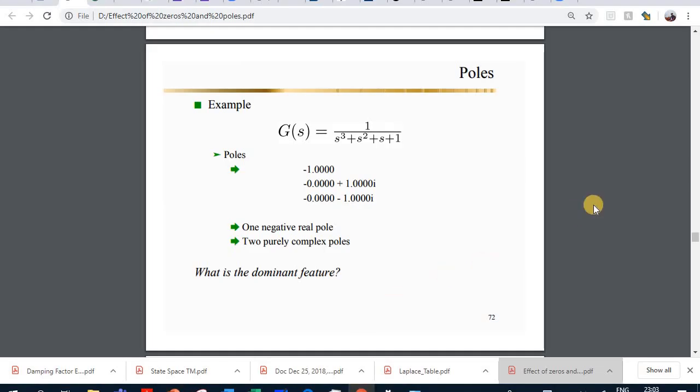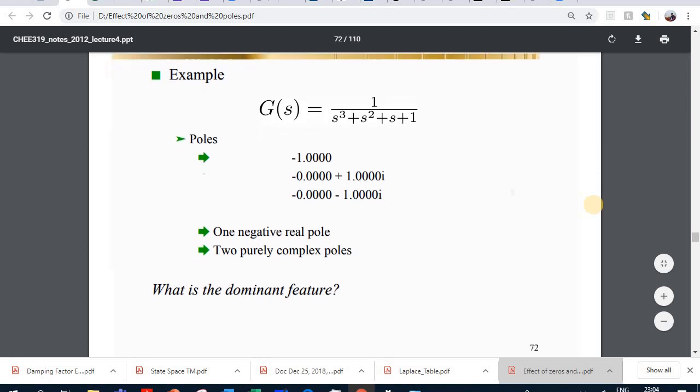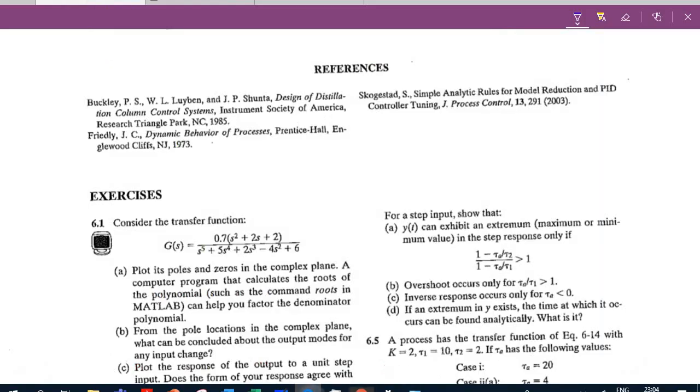So going to the poles, I already mentioned something about the poles, and here I'm going to explain the poles in the sense that you just need to calculate the roots of the denominator.